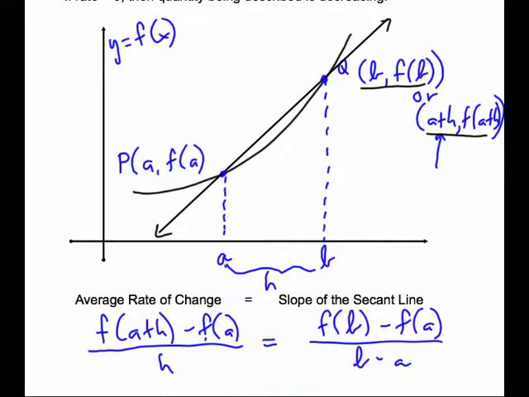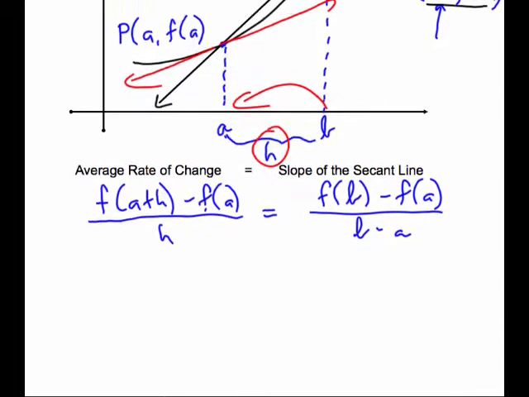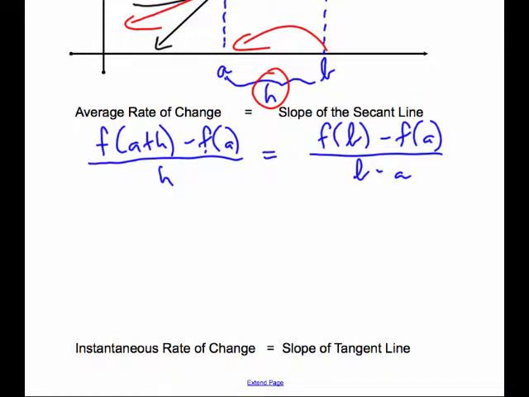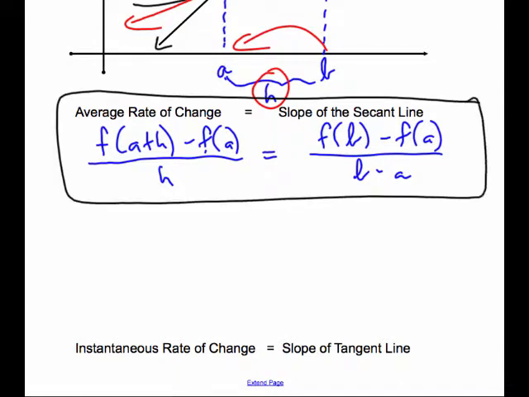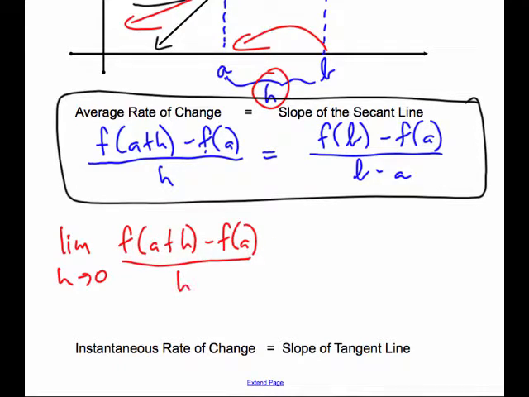Now to move towards finding the slope of the tangent line, all we need to do is make h approach 0 or b approach a. And so I can take either of these two limits to come up with my instantaneous rate of change. So I could take the limit as h approaches 0 of f of a plus h minus f of a over h.